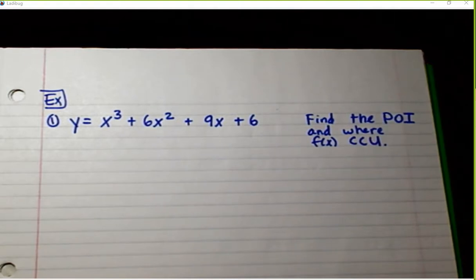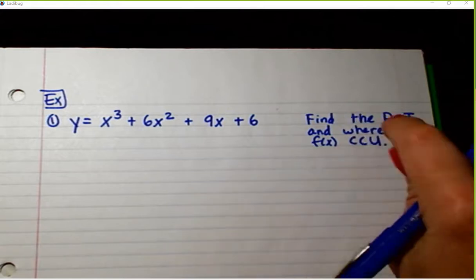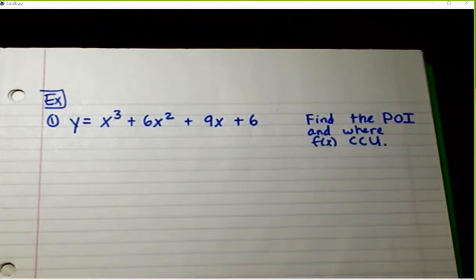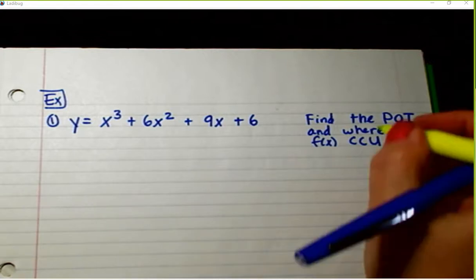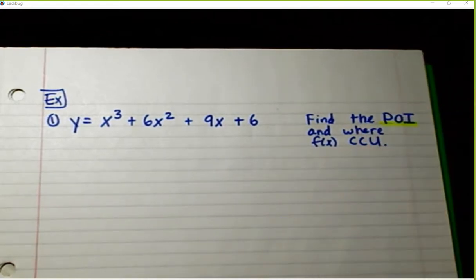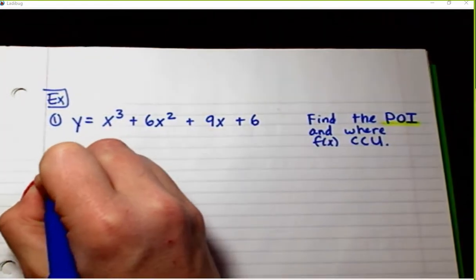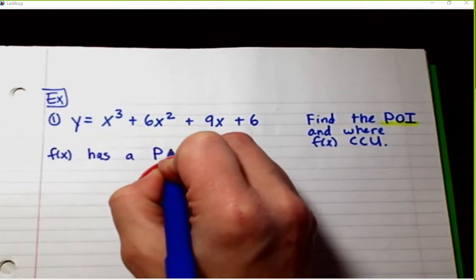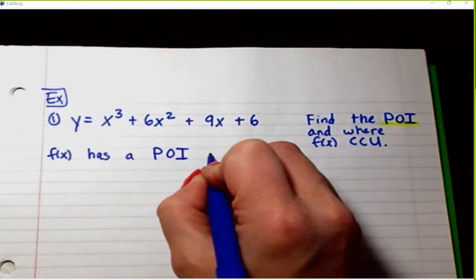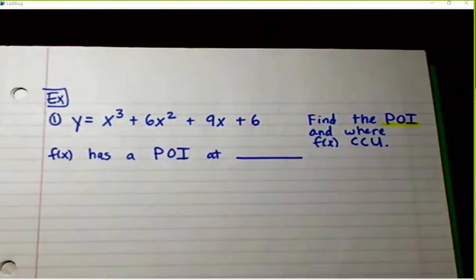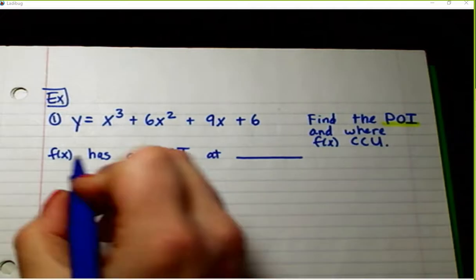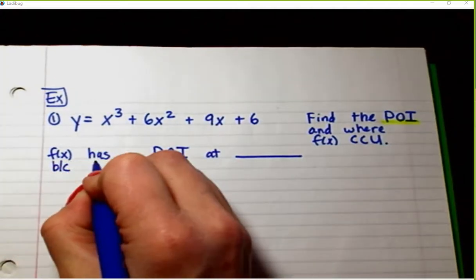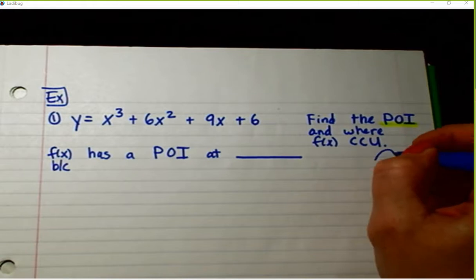So I'm going to write both sentences, and then I'm going to do the work to figure out how I fill in the answer. So I'm going to start with point of inflection. F of x has a point of inflection at, right, the answer, because, okay, point of inflection, point of inflection.